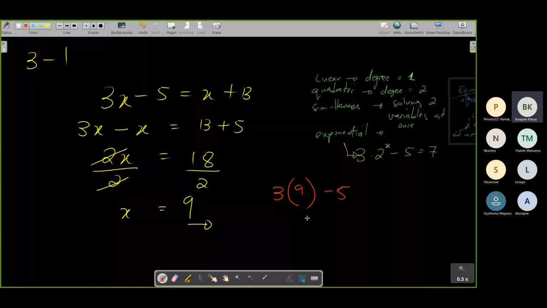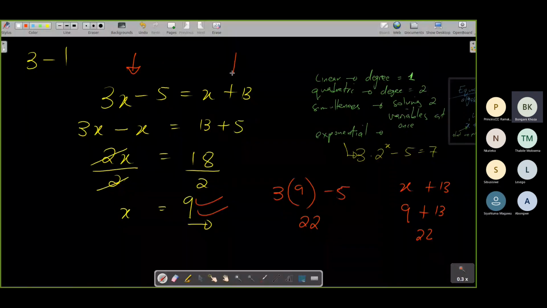Let's check our right-hand side. It's x plus 13. So for x, we're going to have 9 plus 13. What does this one give us? 22. So we can now be happy that this value of x is correct, because if we plug in the same x value here and here, we get 22 this side, we also get 22 that side.